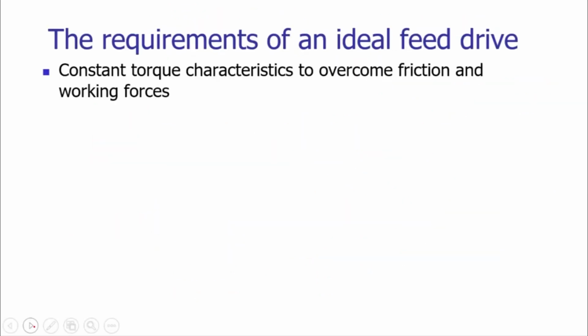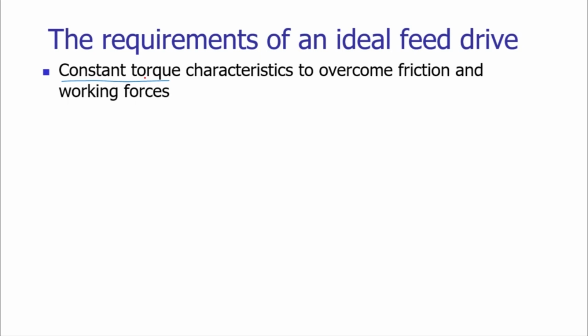Now let us see what are the various requirements of an ideal feed drive. The feed drive should provide constant torque to overcome the friction and the working forces. Precision machine tools or precision equipment use ball screw based arrangements.